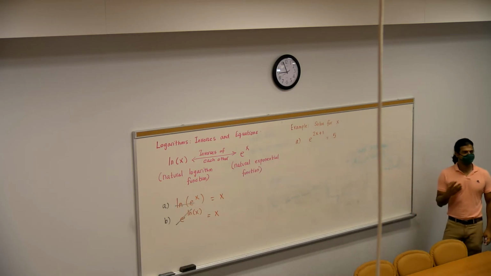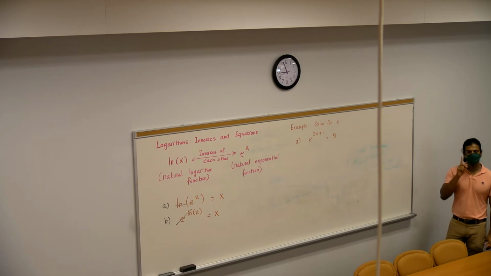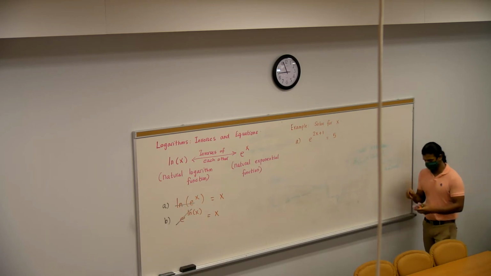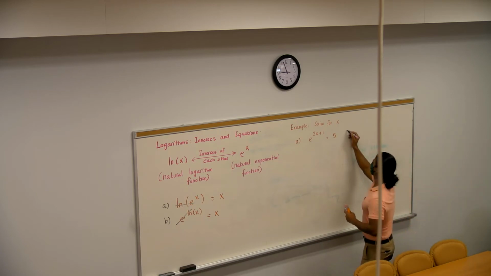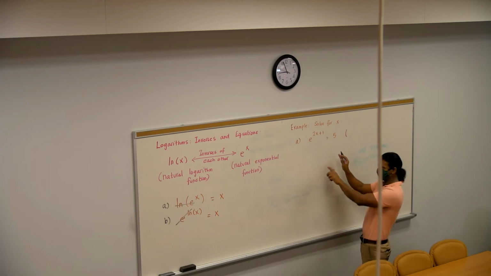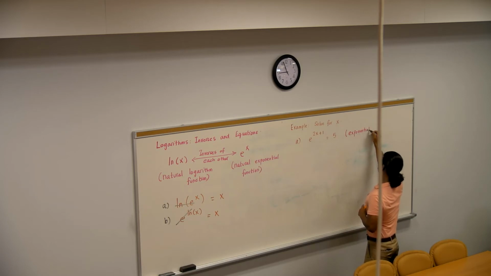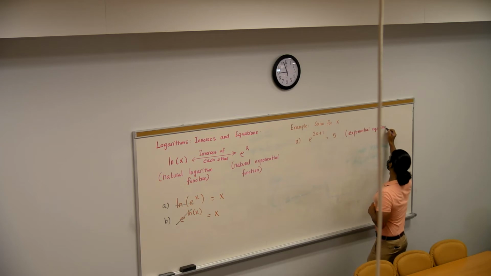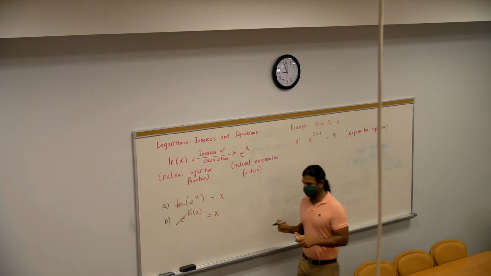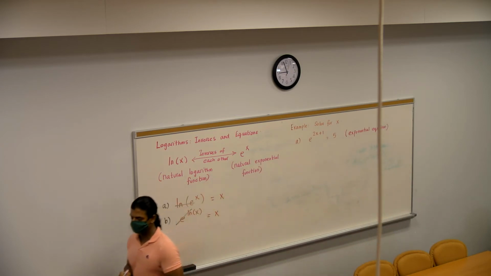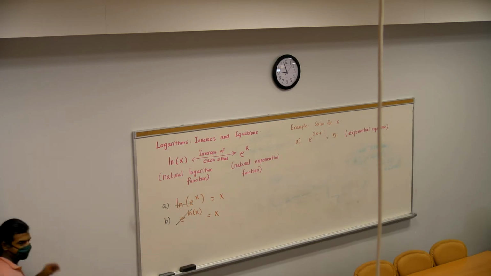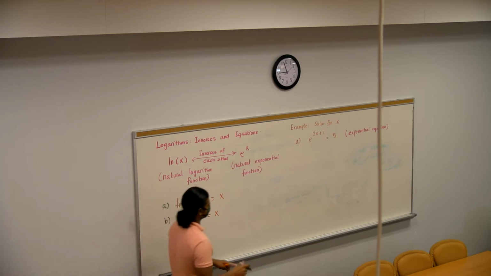Suppose we have the equation e raised to 2x plus 1 equals 5. The equation has exponentials, so this is what we call an exponential equation. And if we have an exponential equation, we can solve it by taking logarithms on both sides.